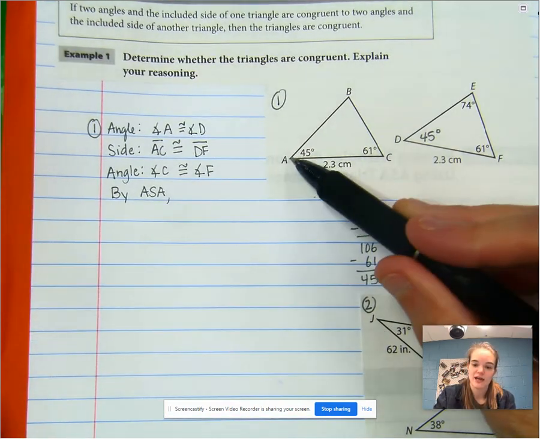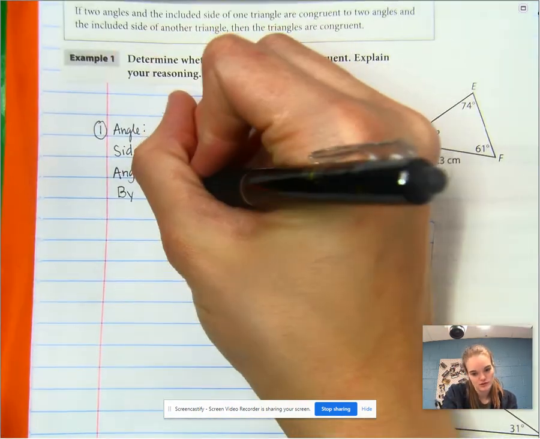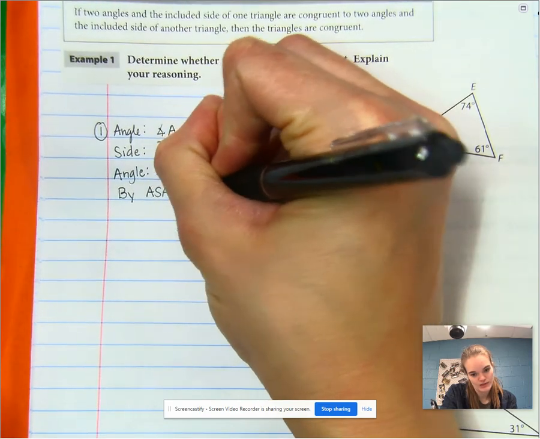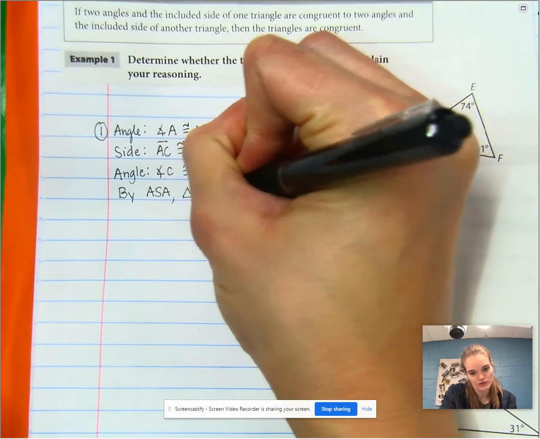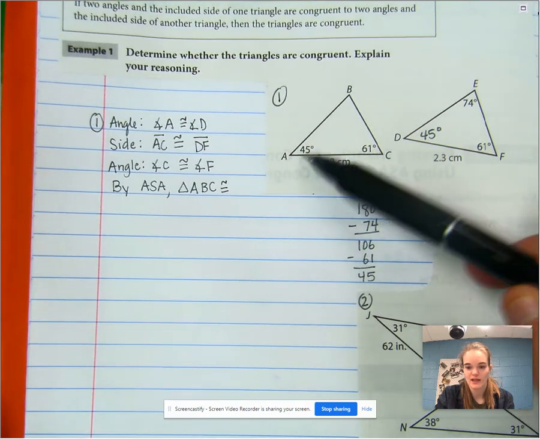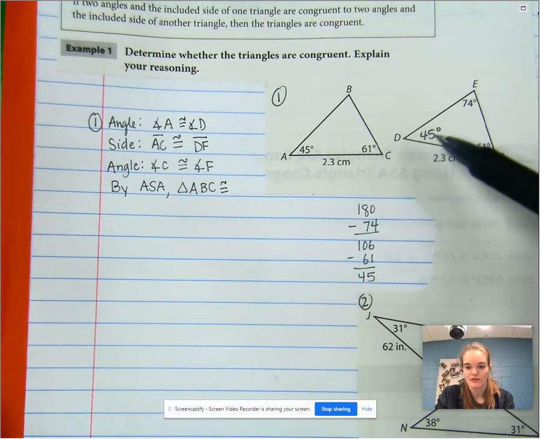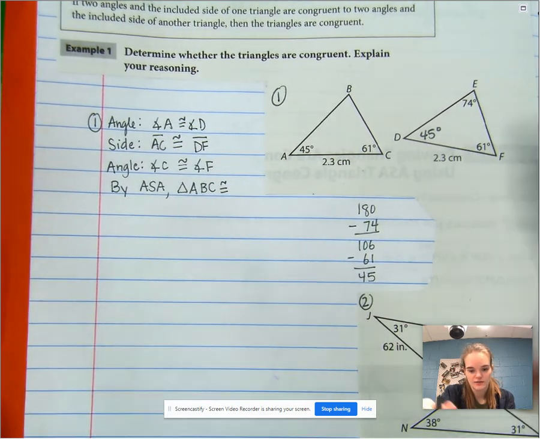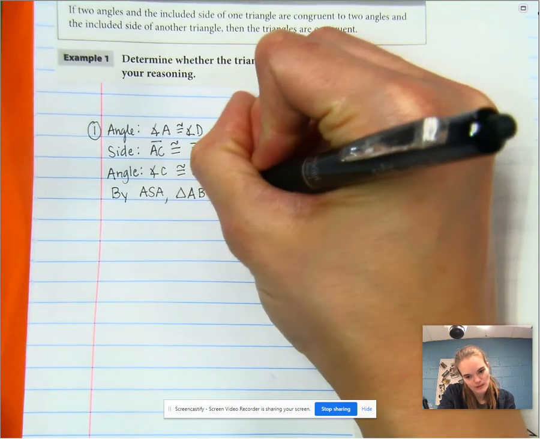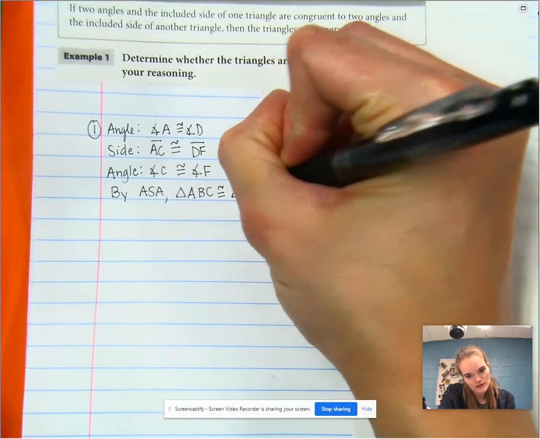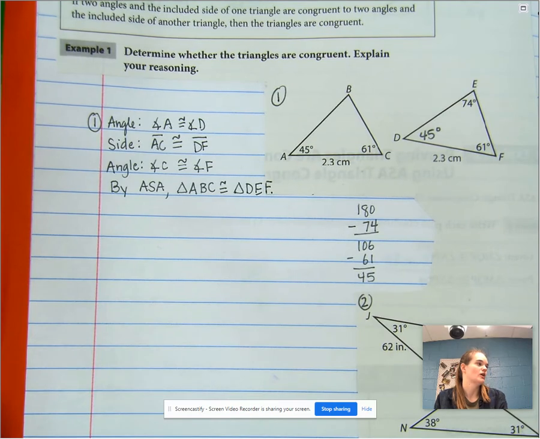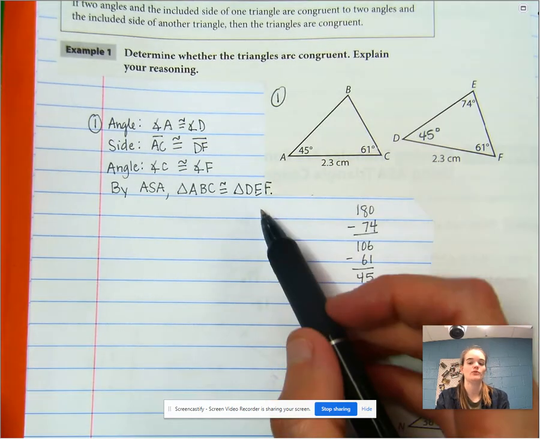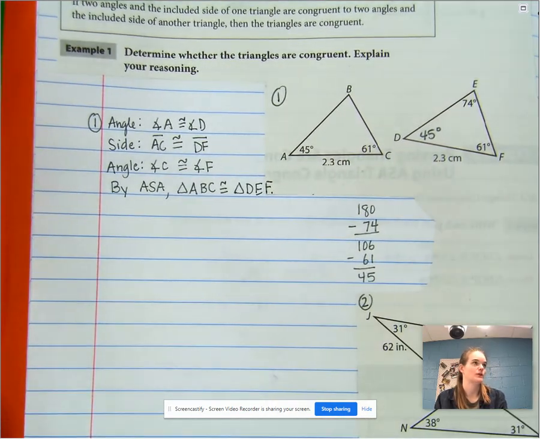I'm going to say triangle A, B, C is congruent to, got to be careful how I write it, D to E, then to F. So there we go. These are congruent. We will have a little more proof in a minute. That's not a complete proof yet.